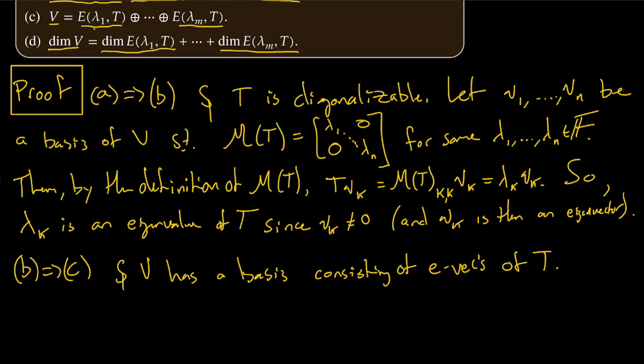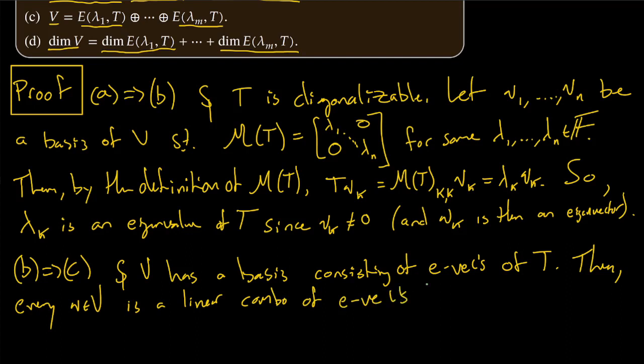Okay. Now, then, every vector in V is a linear combo of eigenvectors of T. Terrible handwriting today. Sorry, guys. Not too bad, right?